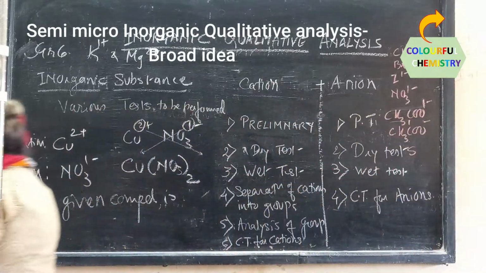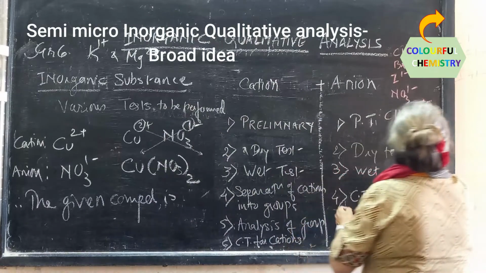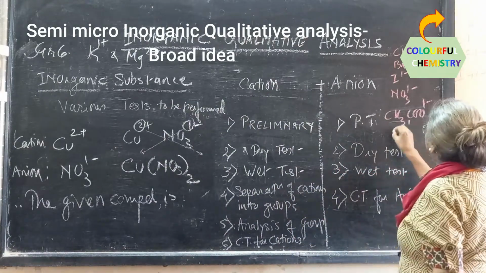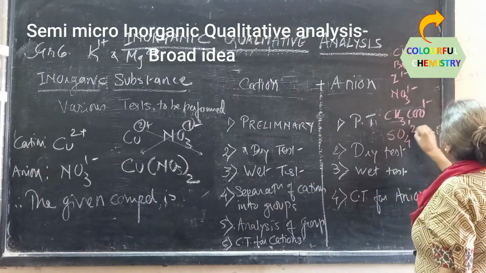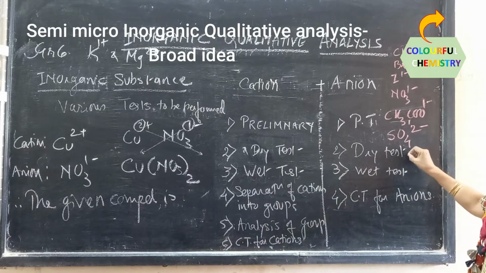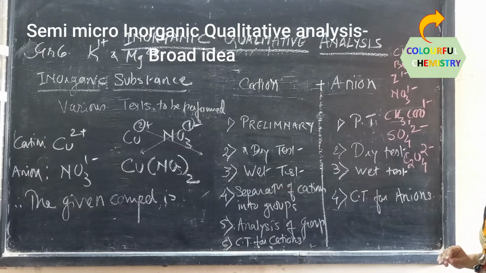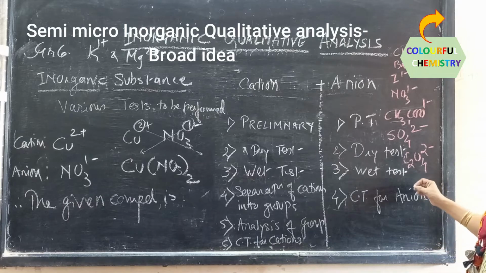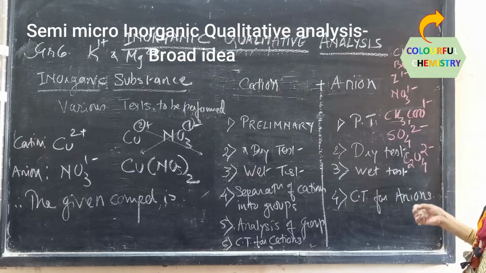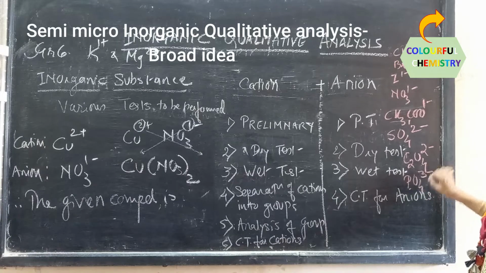Sulfate is a bivalent ion. Then we have the oxalate ion, C2O4 2 minus, which we also analyze. And phosphate, PO4 3 minus, is a trivalent ion.